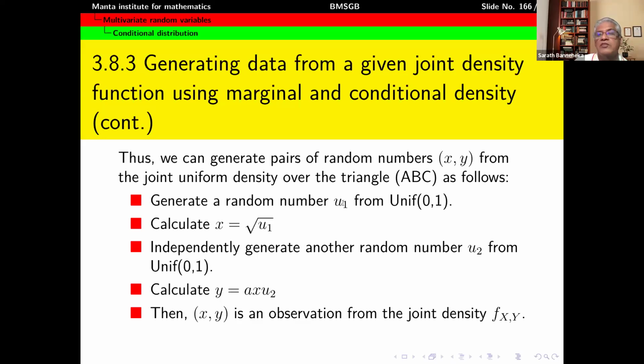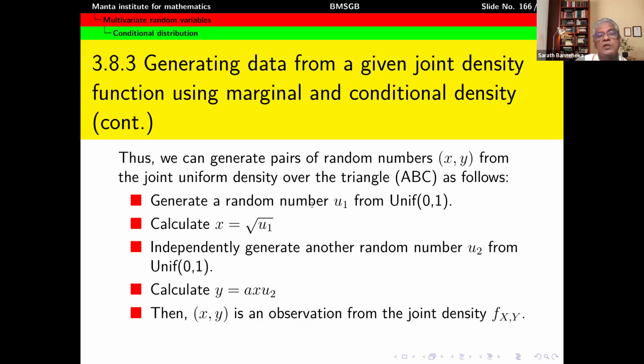Let's call that vector, for example, u1. And then calculate x equal to square root u1. So for all those numbers, calculate square root u1. Those numbers now can be considered as coming from the marginal distribution of x that we require.